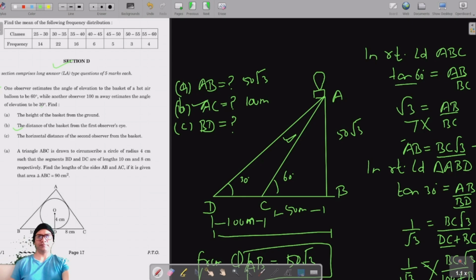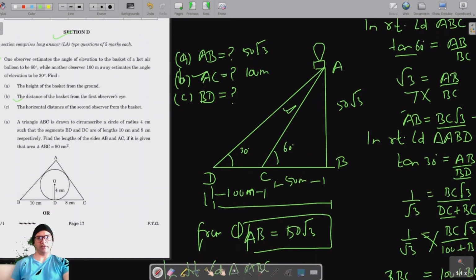We have got the height of the basket from the ground, which is 50 root 3, and the distance of the basket from the first observer's eye, which is 100 meter. Now we have to find the horizontal distance of the second observer from the basket.